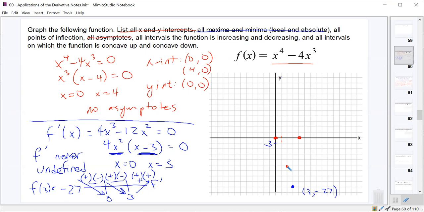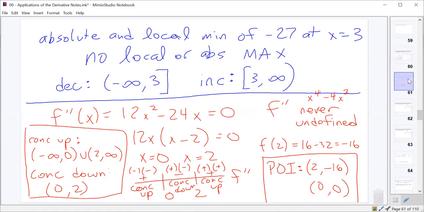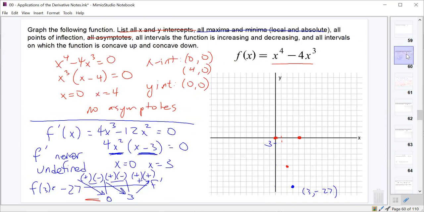And we now have all the information we need to make this graph look perfect. We know that from negative infinity to 0, our graph is decreasing. And we also know that our graph is concave up on that, which means that it should look something like this.